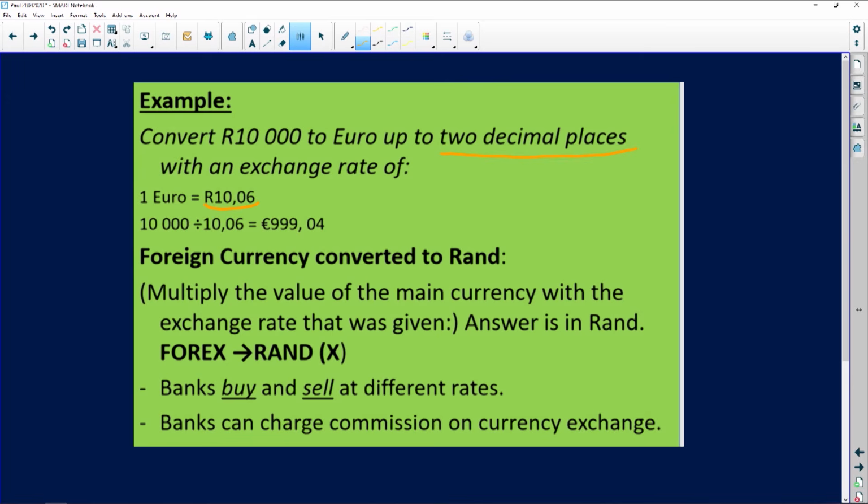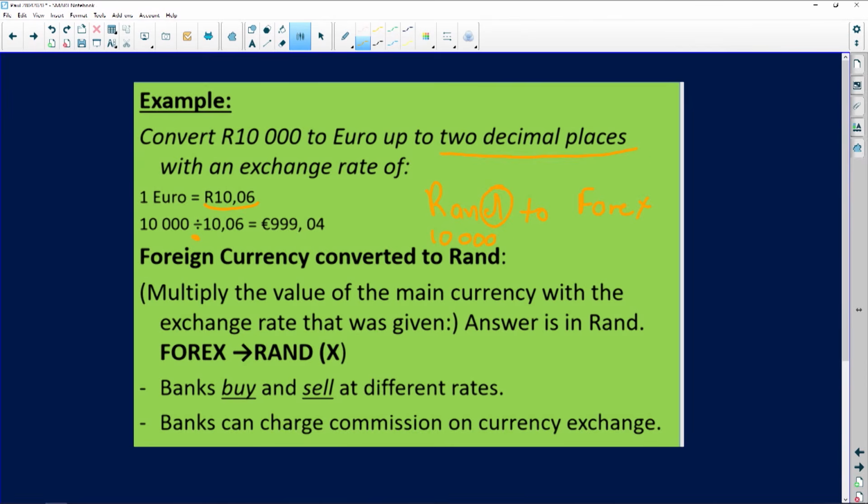Okay, so you're going to convert rand to forex, and that's why I say you must write it out. So you're going to divide. You see, that's where we put the division in. What do we divide with? We have 10,000 Rand, so you can put side by side or apples with apples, and so we put rand with rand.